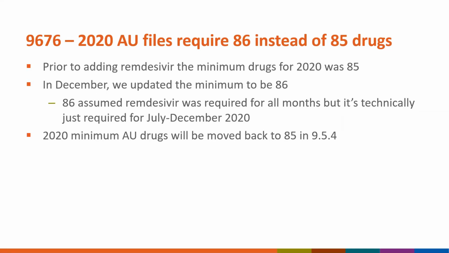In December 2020, when we updated the 2021 drugs, we also updated the minimum number of drugs for 2020 to be 86. However, that assumed that remdesivir was required for the entire calendar year of 2020, which it was not. Remdesivir is only required for July 2020 moving forward. This defect will move the minimum number of drugs to be included in the 2020 AU files back to 85.